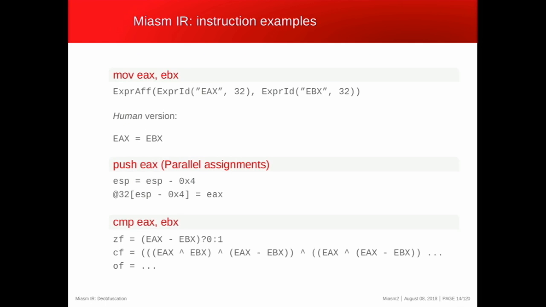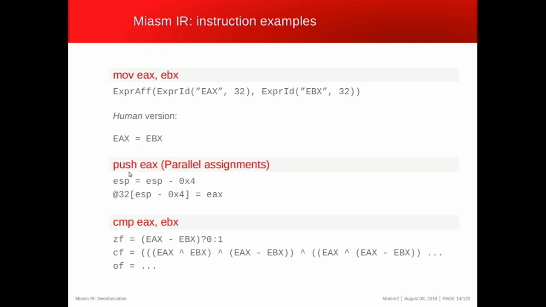So, for example, if you want to translate MOV EAX, EBX in x86, you have this kind of stuff. So you have an assignment between the ID EBX and the ID EAX, and you can print a human readable version of it like this. So you have simply EAX equal EBX. Another example is a PUSH EAX.